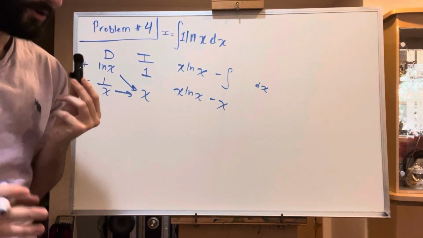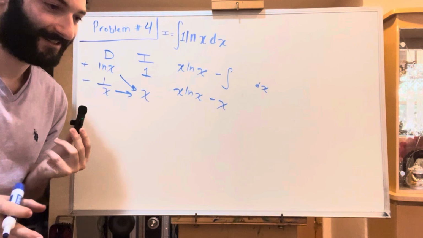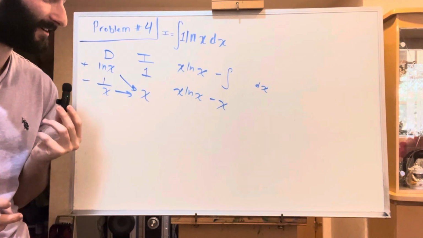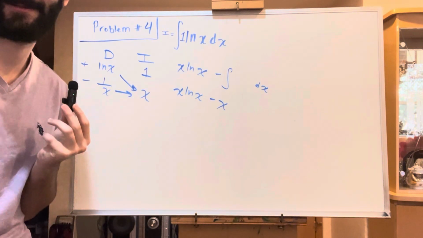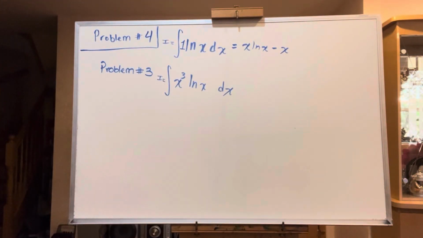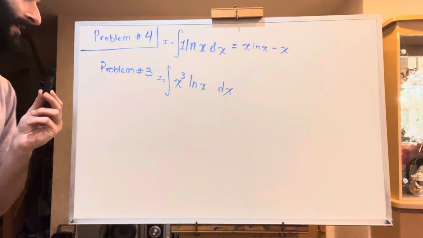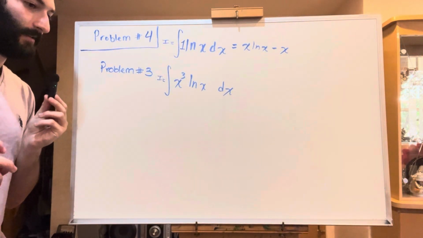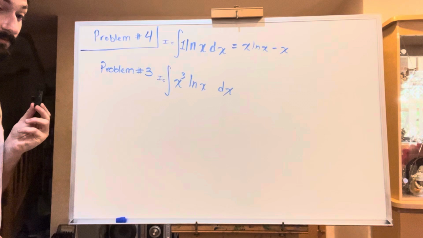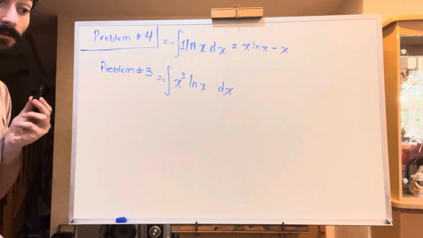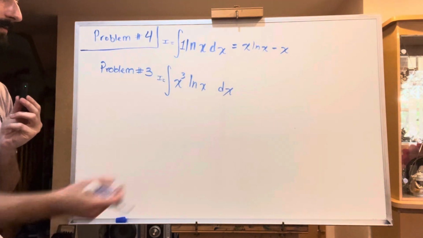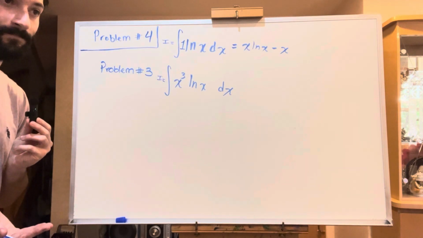So let's go ahead and quickly go back to the previous problem just for fun and see how we would go about solving that one with this knowledge. Okay, back to problem 3. Prior to solving problem 3, the intuition we had based upon the first couple problems that I presented to you is, well, x to the third eventually differentiates to 0.